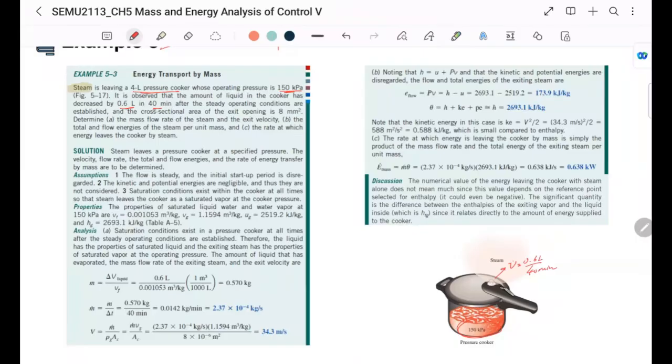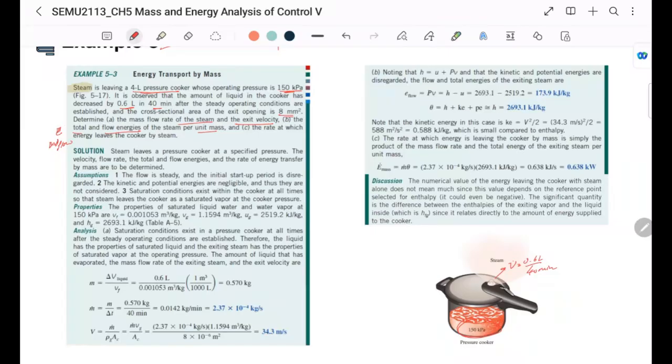Okay. And the cross-section area of the opening is 8 millimeters square. So cross-section area is available. So what is the mass flow rate of the steam and the exit velocity? That's what the question wants us to find out first. Second, the total and the flow energy of the steam per unit mass, which means the question wants us to find out the E and the flow energy, W flow.